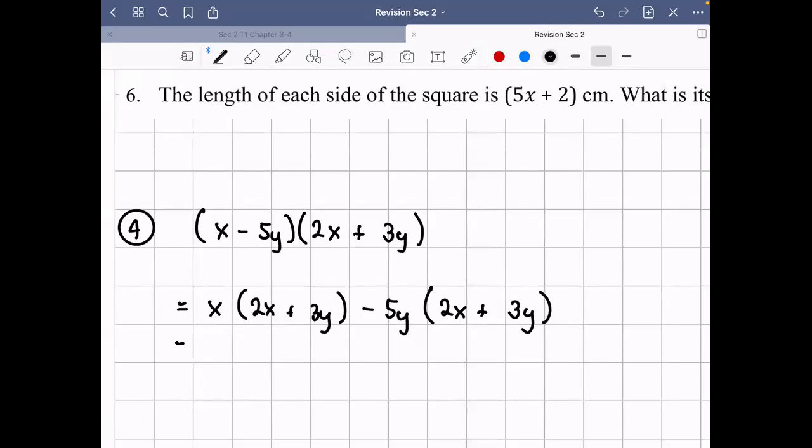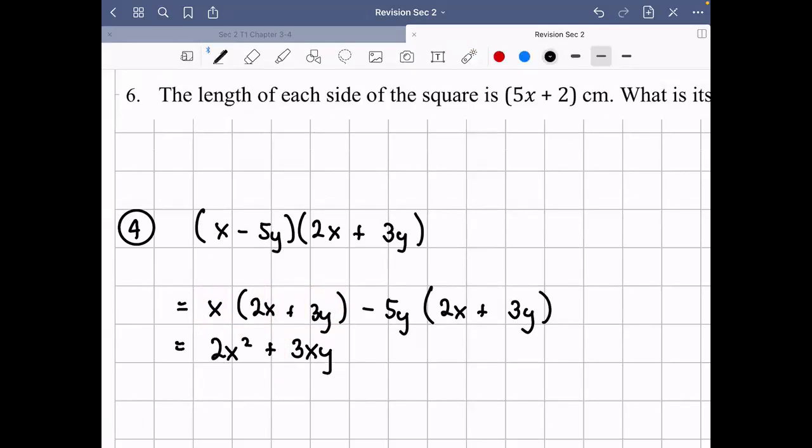So x times 2x gives us 2x squared. Okay, and then x times 3y gives you 3xy. Okay, class, again, you write that in alphabetical order, okay? Not 3yx, it should be 3xy.